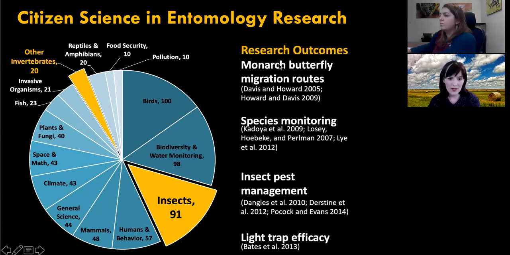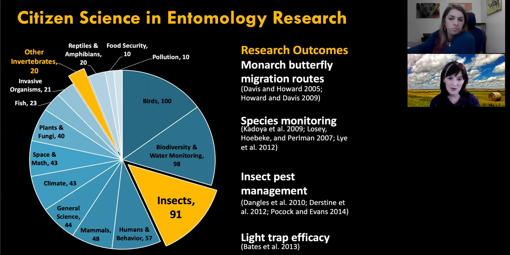So one that I wanted to point out was the monarch butterfly migration routes. There's species monitoring, insect pest management, and light trap efficacy. All of these were research papers that had a citizen scientist helping. And the monarch butterfly migration route, I always see that as the poster of how effective citizen science can be.